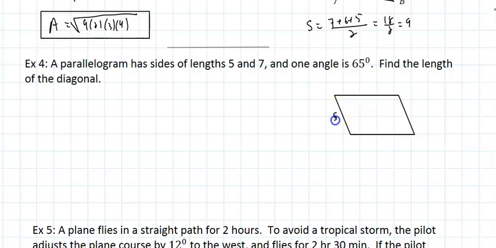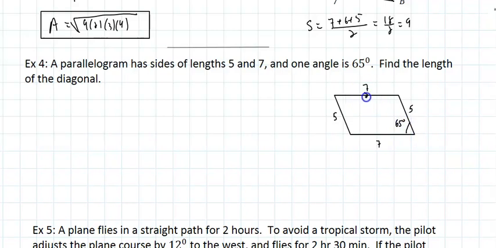So obviously this is the 5 and this is the 7. And one angle is 65. Well, we know the angle that's acute, opposite of the smaller side, would be the 65.